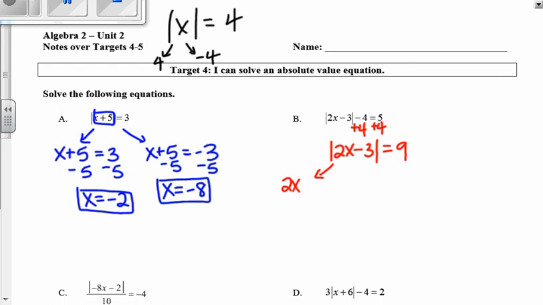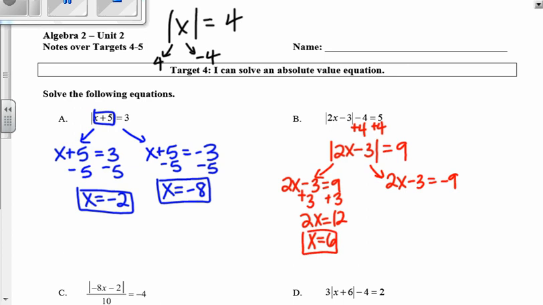So I have 2x minus 3 equals 9, and 2x minus 3 equals negative 9. And then again, I'm going to solve both of these, using our basic solving skills. Divide by 2, and I get x equals 6.